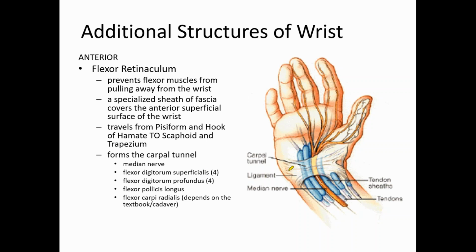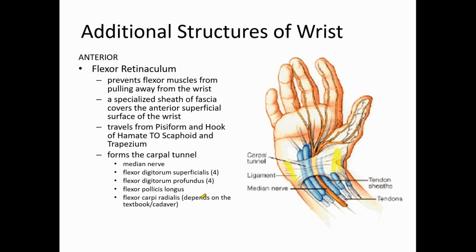Now we have flexor retinaculum. So flexor retinaculum, we have it in the ankle, we have it in the wrist, and it prevents the flexor tendons from moving away from the wrist. So we got from the pisiform and the hook of the hamate, so on this side, traveling all the way over to the scaphoid and trapezium.